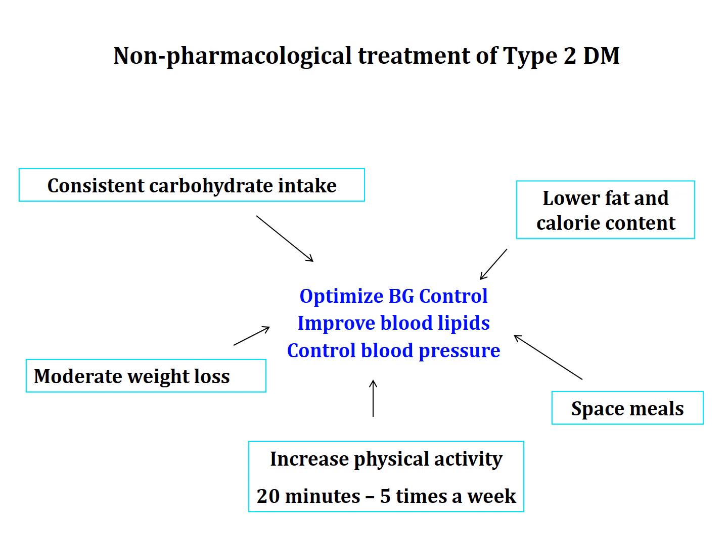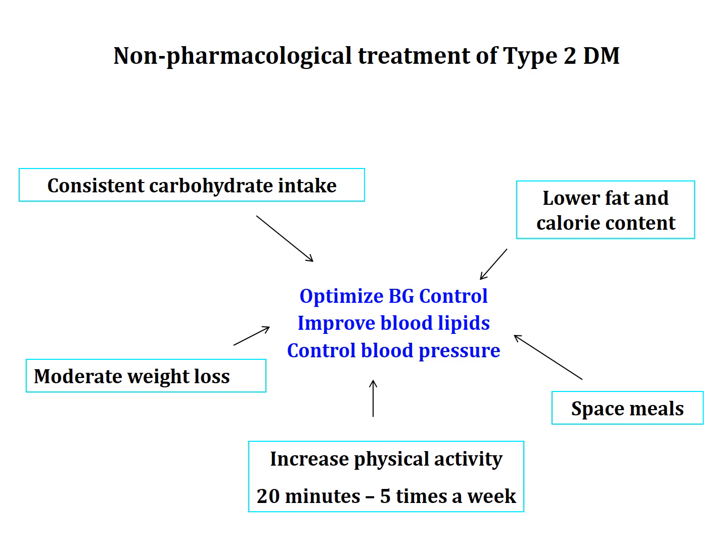Individuals need to lower their overall fat and calorie intake. Individuals need to achieve some moderate degree of weight loss. A good goal is 5 to 7%. And individuals need to increase their physical activity.